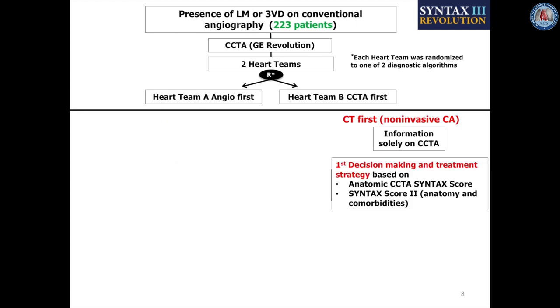Now, our team B received the multi-slice CT scan alone. And what it has to do with that is to define the anatomic Syntax score derived from the multi-slice CT scan, and combine that with the comorbidities to build up a Syntax score 2.